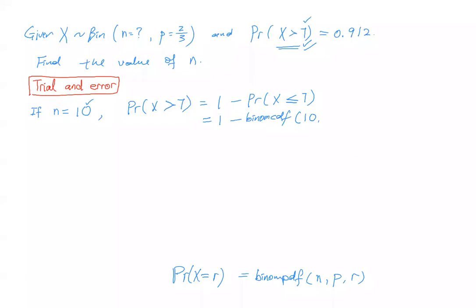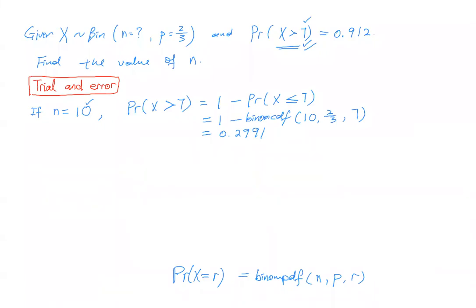Then p and r. Okay, can you please use your calculator and get it? 0.2991, definitely not it.